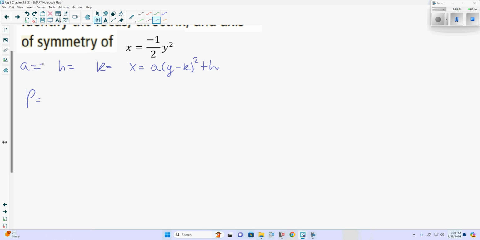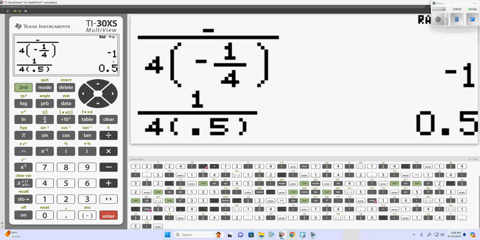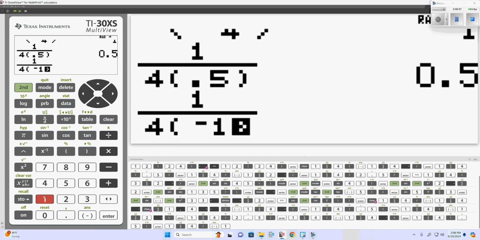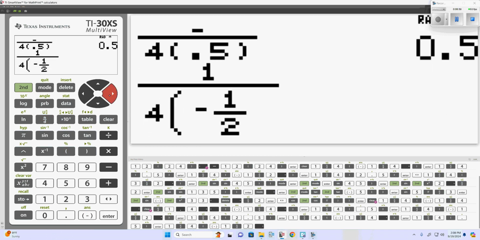A is negative 1/2. H and k are both 0. There's nothing being added to it, so there is no h. There is nothing added to y inside parentheses, so there is no k. Most likely, you're just going to grab the calculator, do 1 over 4 times negative 1/2 and get negative 1/2.